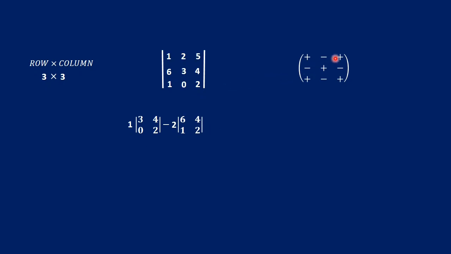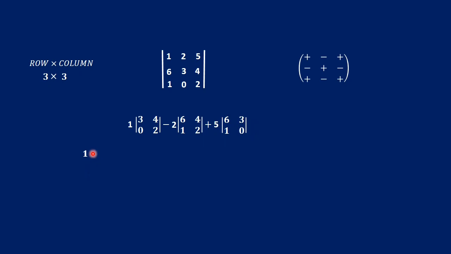The next place sign should be positive. So we select the third number in the first row, delete the column, delete the row, leaving this 2 by 2 matrix. So the selected number multiplies the determinant of the remaining 2 by 2 matrix.